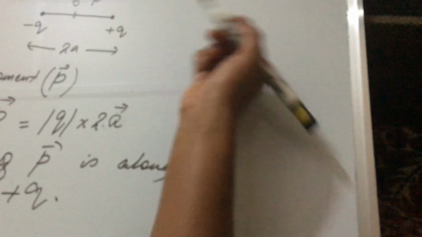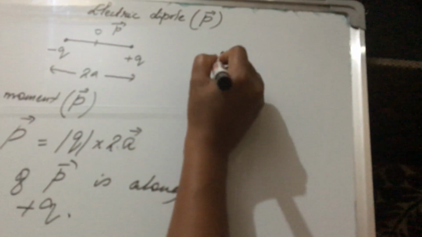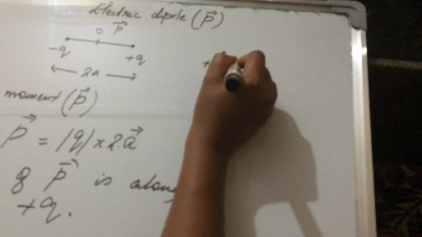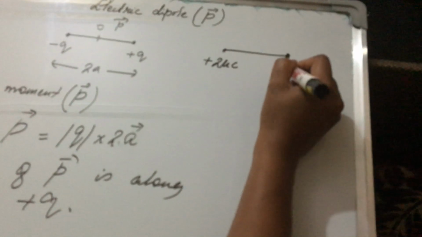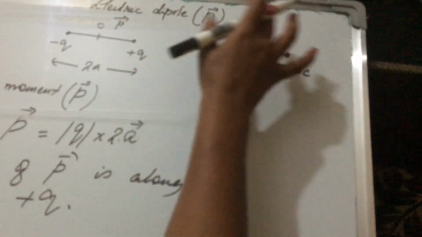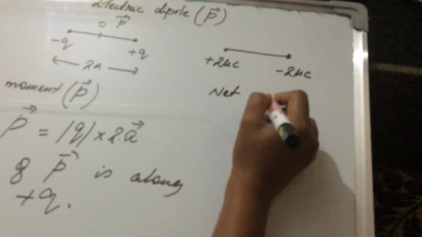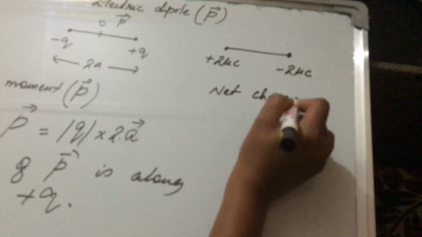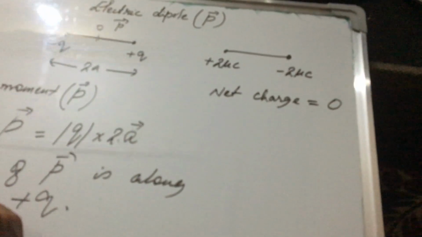Suppose I have taken, let's say here is 2 microcoulomb charge, and as we are talking about the dipole, this is -2 microcoulomb, right? What is the net charge of the system? This is 0 because +2 and -2 cancel out each other.